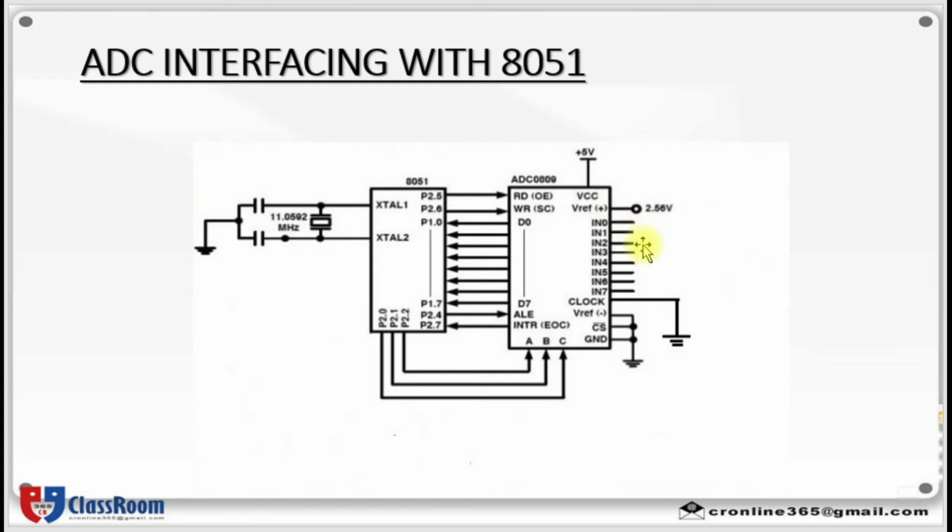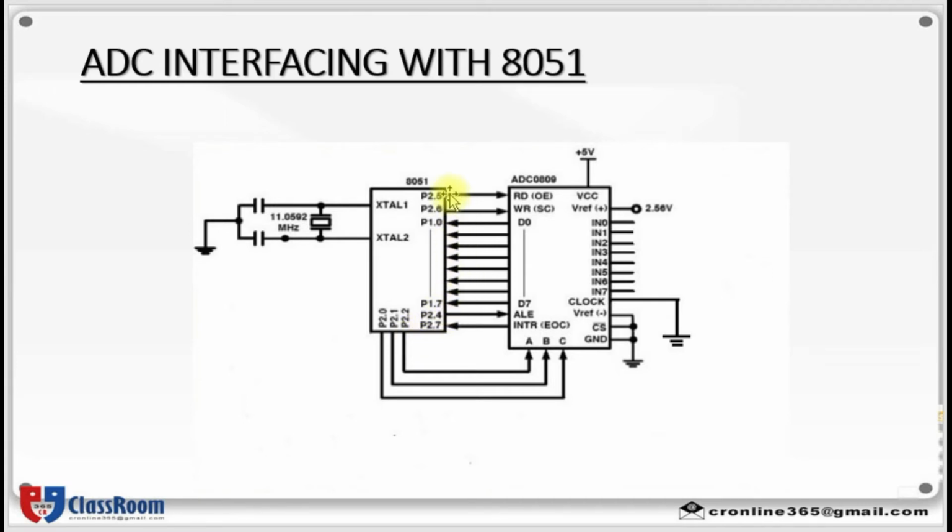Then you have 8 analog input channels IN0 to IN7. Then you have a clock, and V reference minus which is connected to ground. Then these 8 analog input channels are multiplexed and selected by means of 3 address pins ABC. These address pins are directly connected to P2.0, P2.1 and P2.2 respectively.